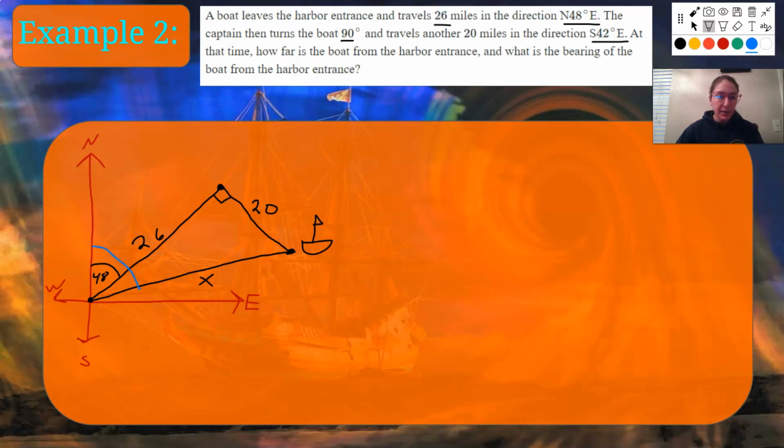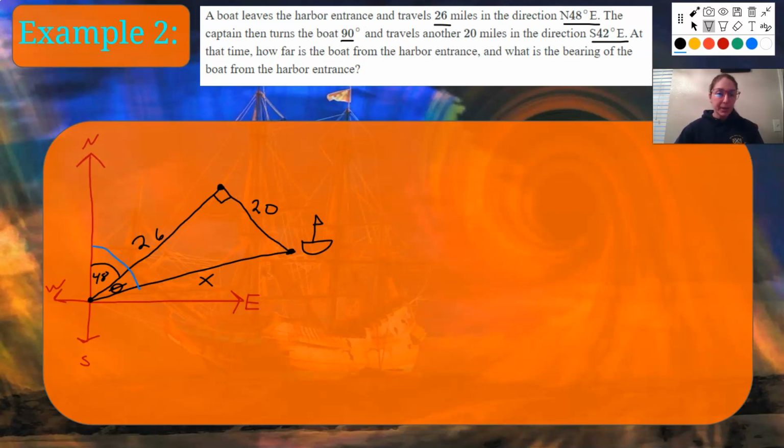I know this amount of angle is 48, so my question is, well, if I can figure out this amount, then I can add those two together and I would get the whole angle for my bearing. So I need to figure out what this angle is here, what this theta is, because again, I can add those two together and I would get the whole bearing here. So two things that I need to do.